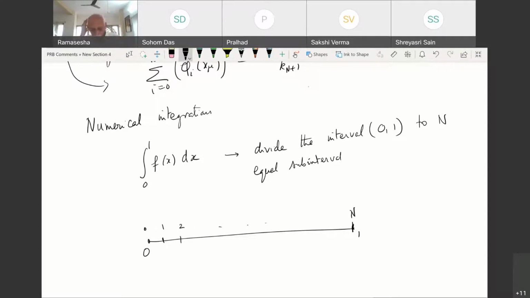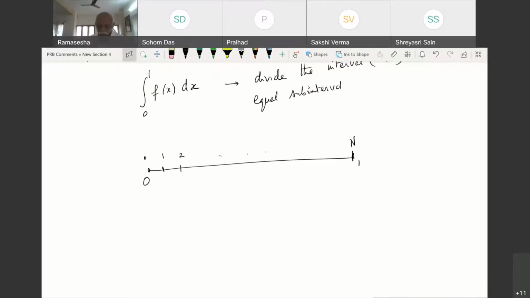So I have n plus 1 points, and at any point x_nu equal to nu by n.